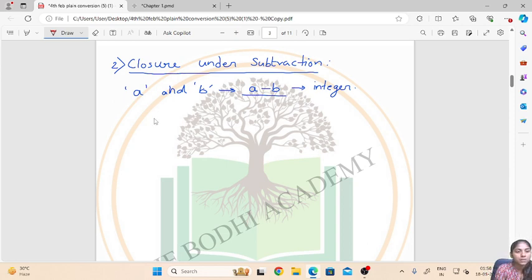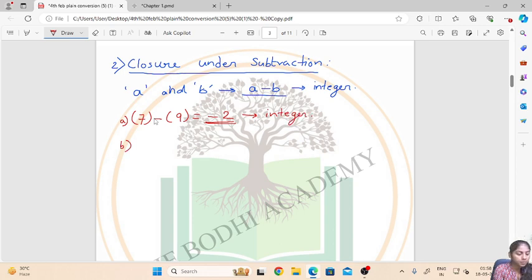So suppose our a is 7, then b is 9. So what will 7 minus 9 be? It will be minus 2. Is minus 2 an integer? Yes, it is an integer.